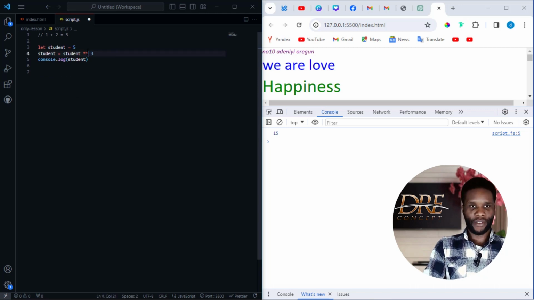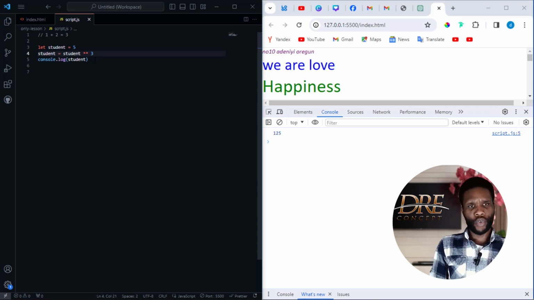So let's say exponent 3. Let's see what that is. What would the answer be? 125, meaning 5 multiplied in 3 places. 5 times 5 times 5. That's the meaning of exponent. Power of 3. 5 raised to the power of 3.